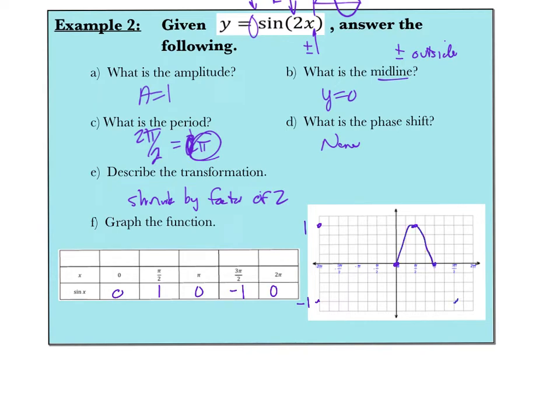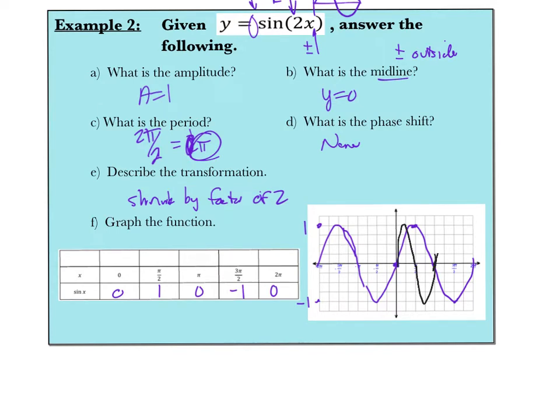This is what regular sine looks like, okay? It takes 2 pi to go through my whole cycle, all right? So basically what I'm going to do is, in the span of that, I'm going to run through the whole cycle. So I'm going to go all the way up, back, all the way down, back.